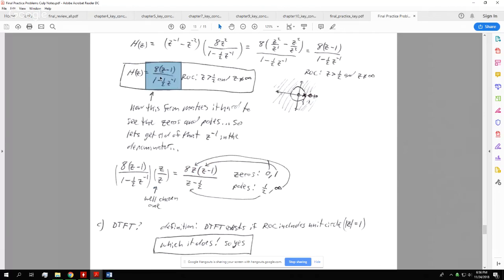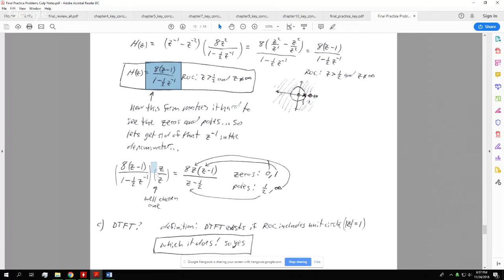If I looked at just this expression, it looks like I only have one pole at positive half, and I have one 0 at 1. But that's not all of your poles and zeros. You have more than that, but you won't be able to see them until you rationalize this.